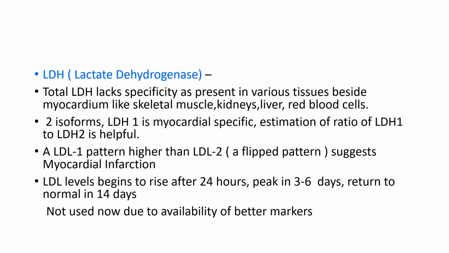This pattern is important. LDH1 higher than LDH2, which is called a flipped pattern, suggests myocardial infarction. LDH begins to rise after 24 hours, peaks in 3 to 6 days and returns to normal in 14 days. But this is not used anymore now due to availability of better markers.